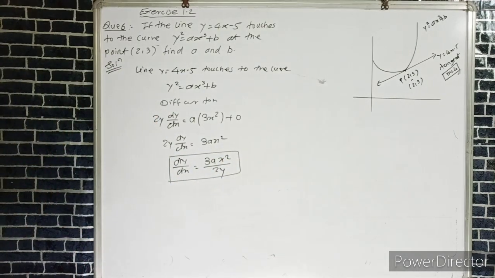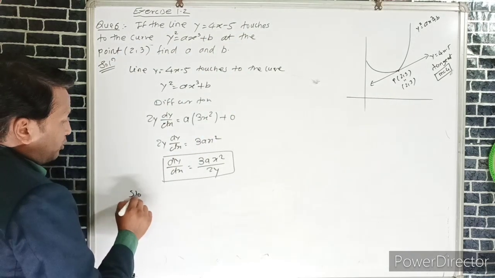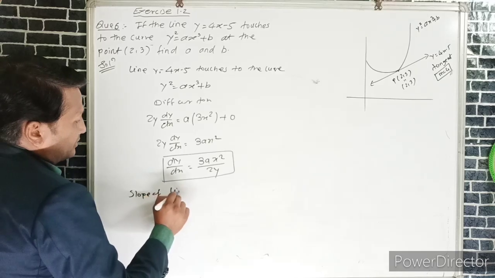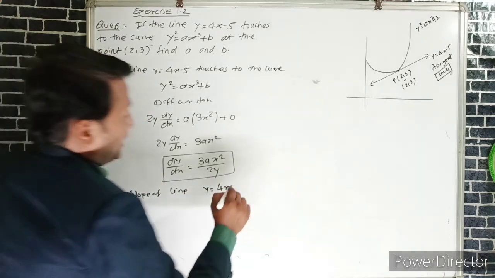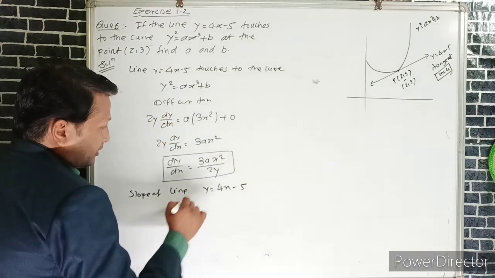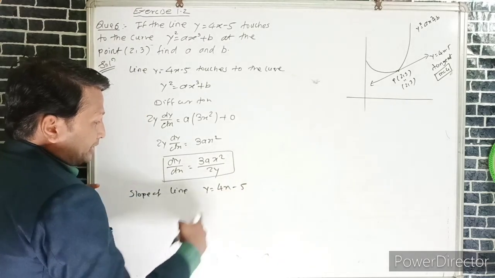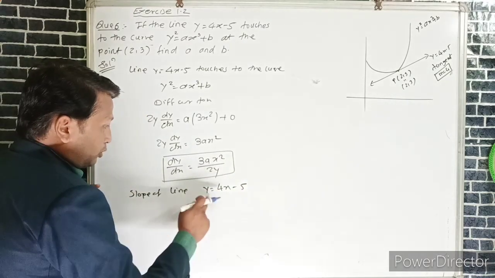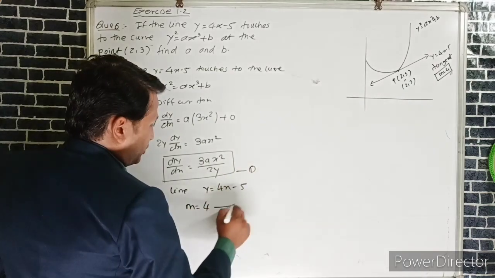We know the slope of the line y = 4x - 5. If we compare this with y = mx + c, then the slope of the line is m = 4.